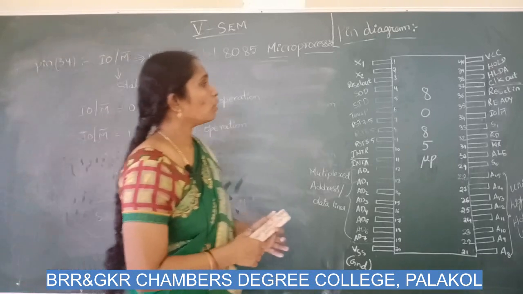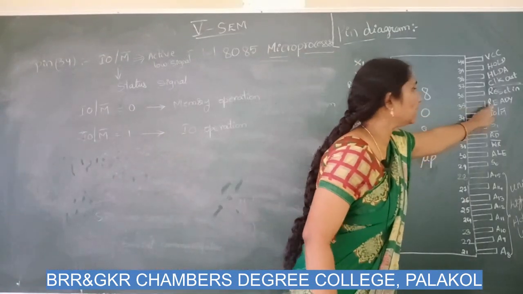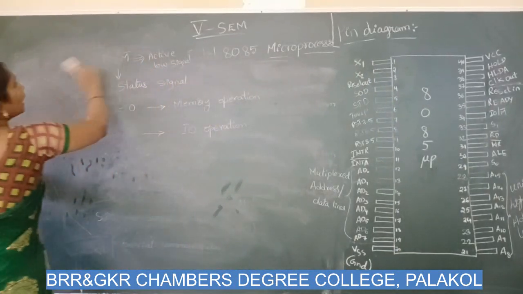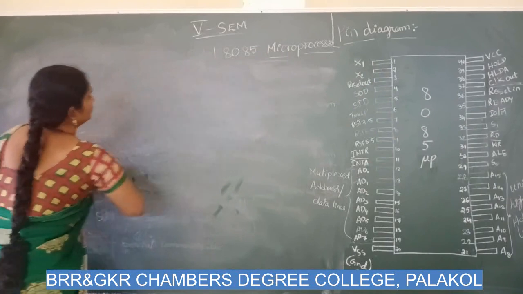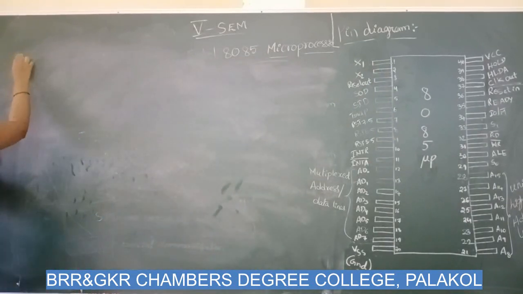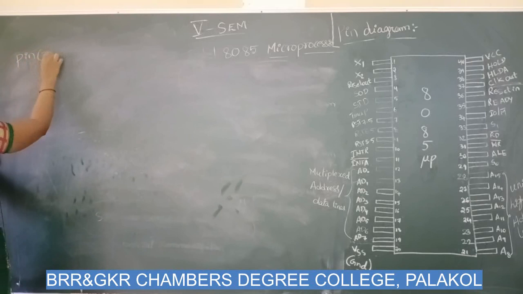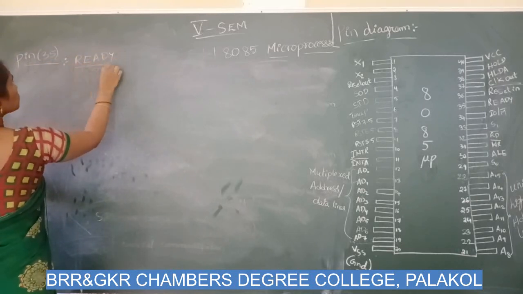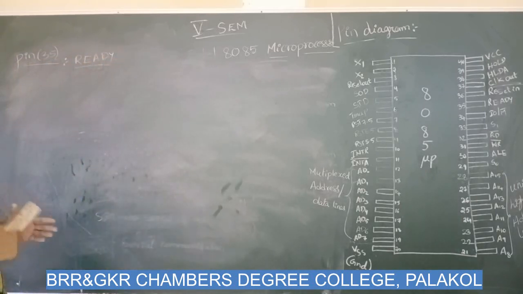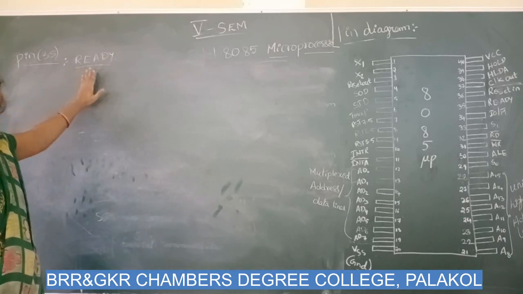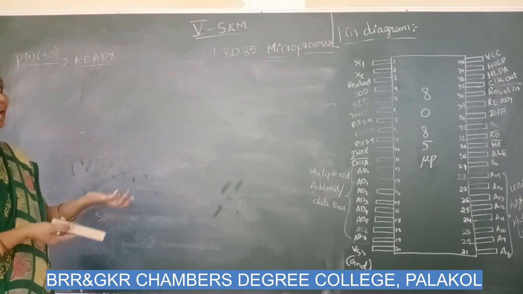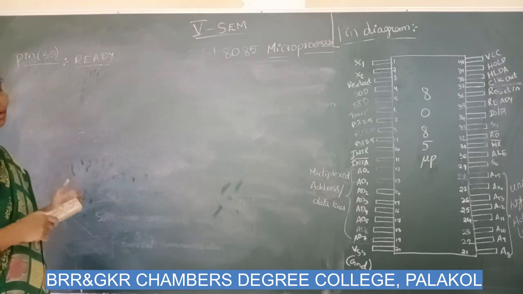After that, pin number 35. Pin number 35 is the ready signal. It is an active high signal. A microprocessor can always be ready to connect the external peripheral to the microprocessor.